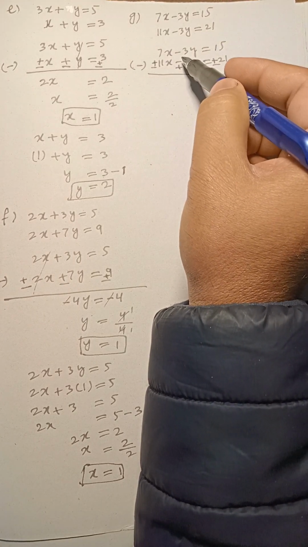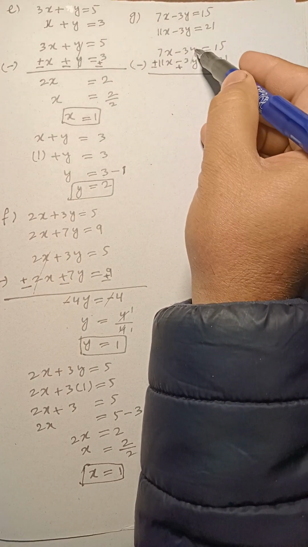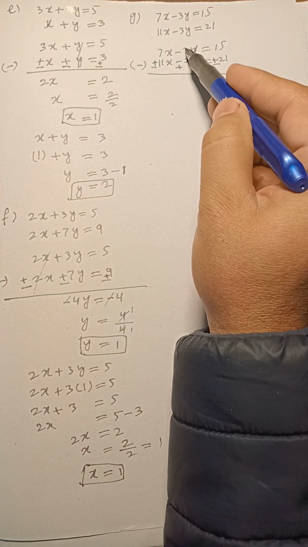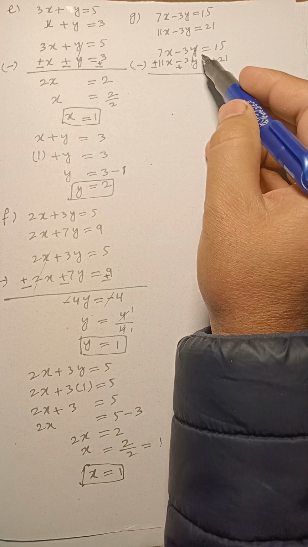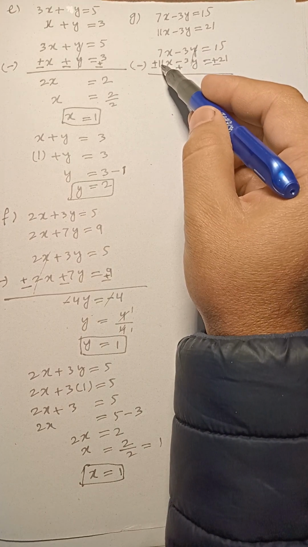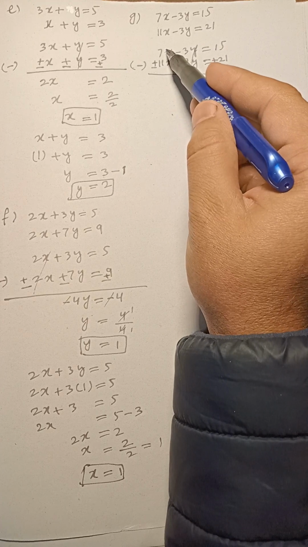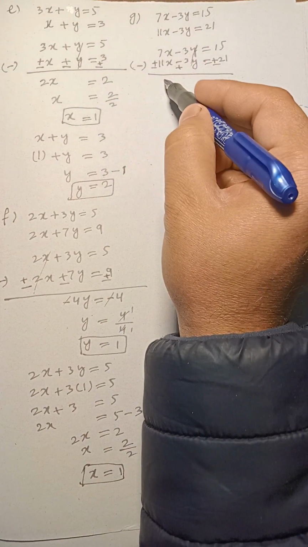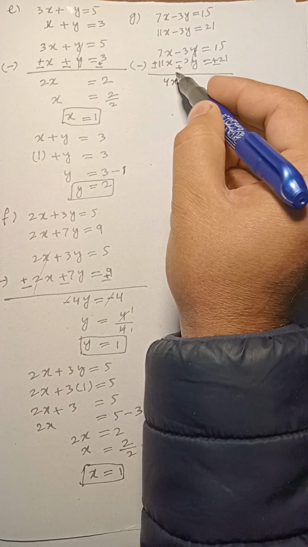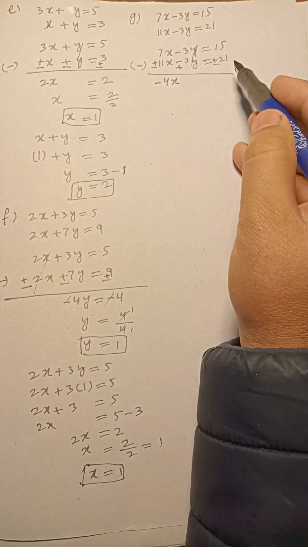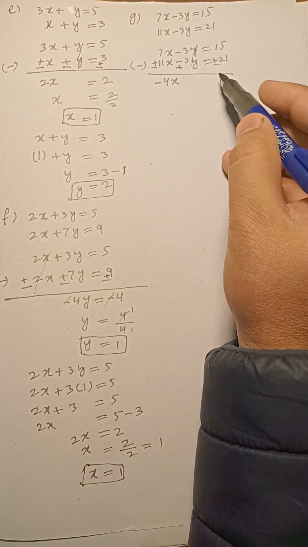Now remove this, as they have different signs. This is our plus 3y and this is our minus 3y. Remove this, and from minus 11 you will subtract 7, the answer is 4x here, and it will carry a negative sign because the bigger term is of minus 11.